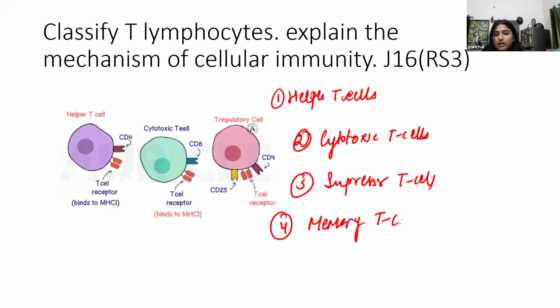Again, T lymphocytes are classified as helper T cells, cytotoxic T cells, suppressor T cells, and memory T cells. The helper T cells are also known as inducer T cells or Th cells, which help other T lymphocytes in immune system response. These helper T cells are also known as CD4 T cells because of the presence of CD4 receptors, a protein molecule, on their surface.